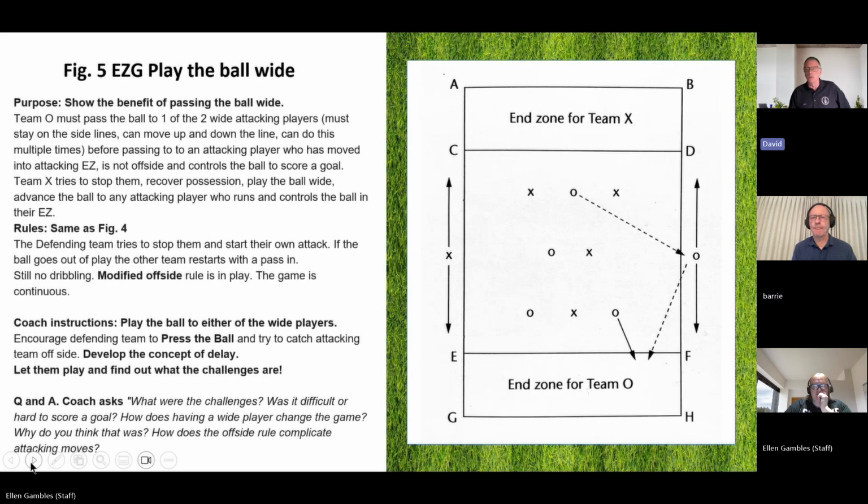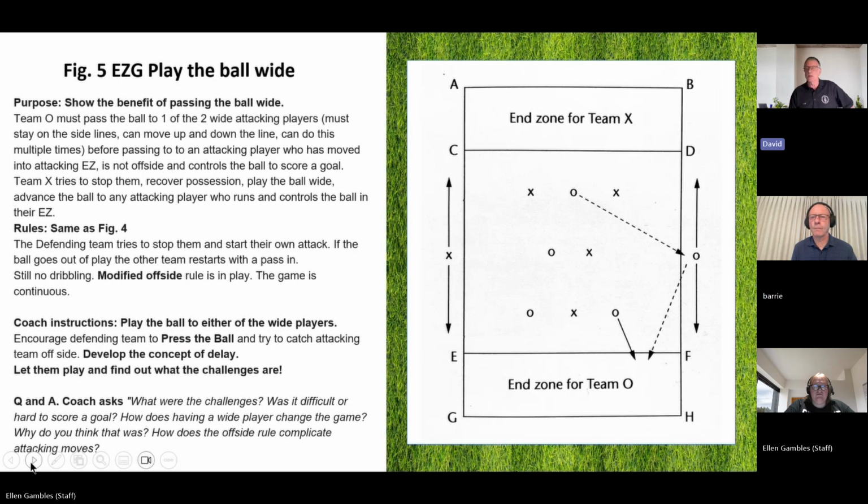Right. And one of the rules that we add is before you can score a goal, you have to pass the ball to the wide player on the touchline, and then they have to play it forward, and the attackers have to run onto it. And this time, anywhere in the end zone is good enough to score a goal, as long as you can control it.